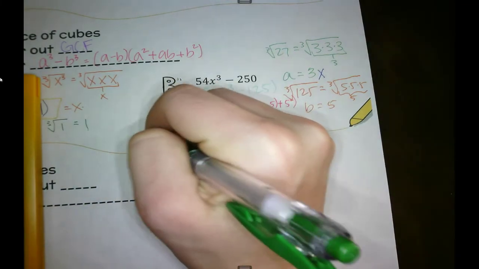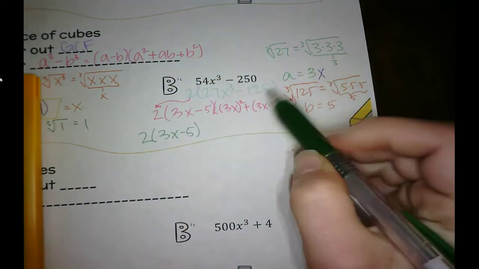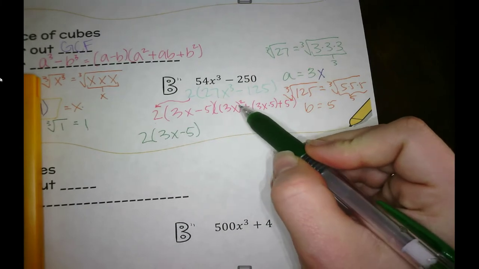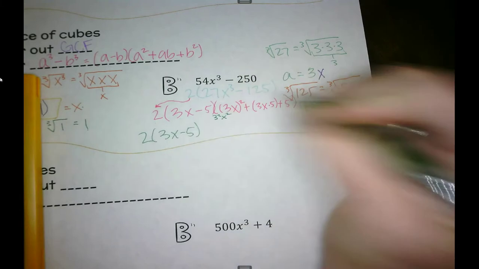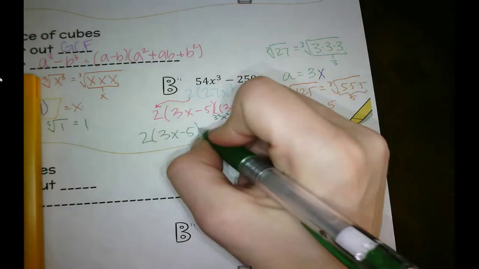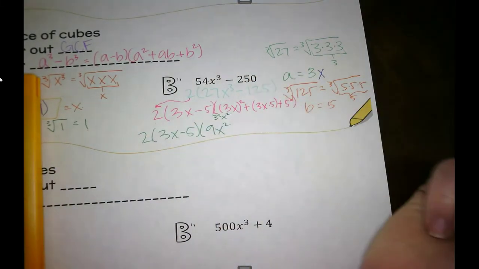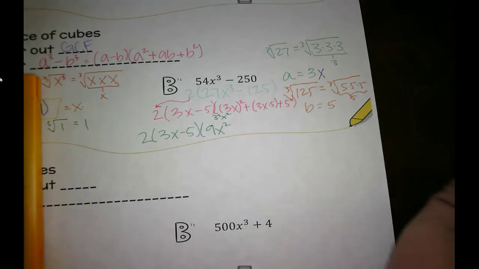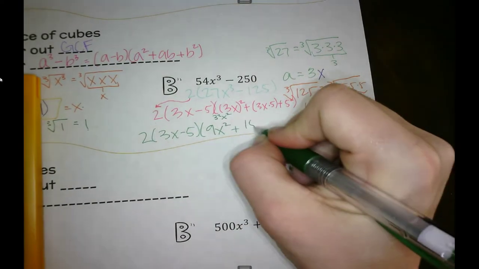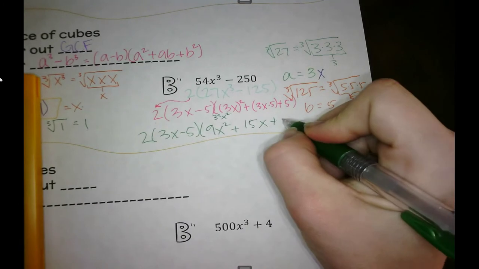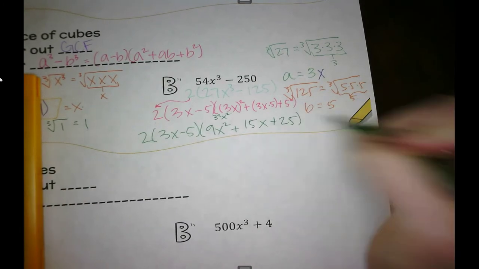So we've got 3x minus 5. 3x squared. Remember, when you're doing this, you're applying that squared to both of those. So 3 squared is 9, and x squared is x squared. Plus 3x times 5 is 15x. Plus 5 squared, 25.